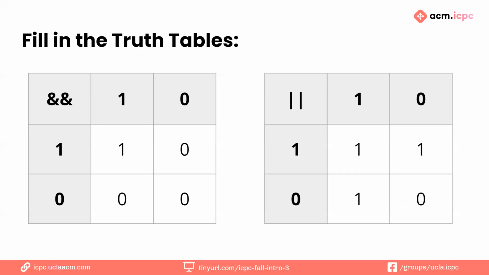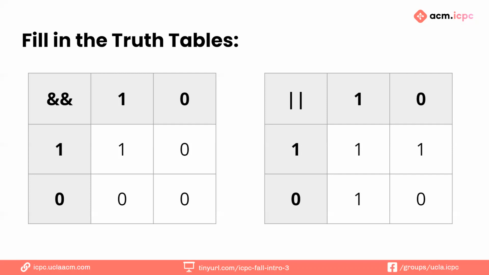Essentially, 1 and 1 is 1, 1 and 0 or 0 and 1 is 0, 0 and 0 is 0. So the result is only 1 when both values are 1. And same logic with OR. If at least one of the operands is 1, then you get the result 1, and if both operands are 0, then the result is 0.